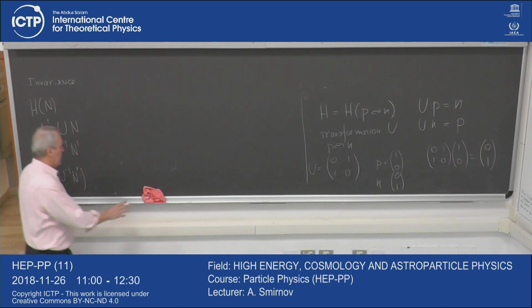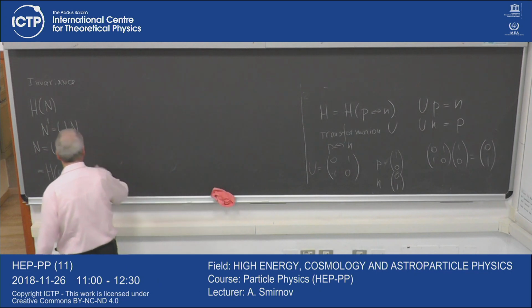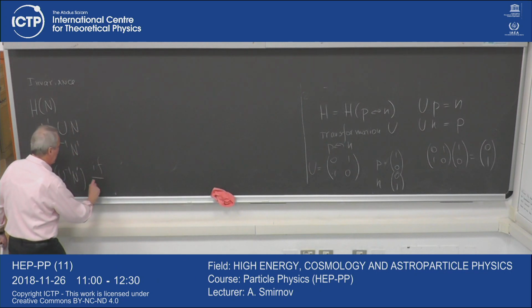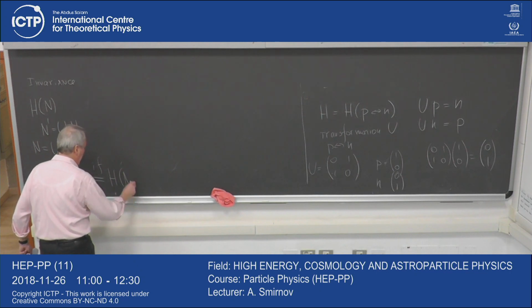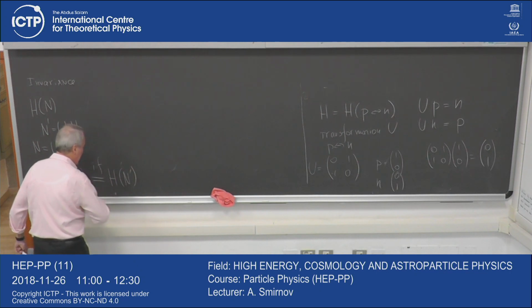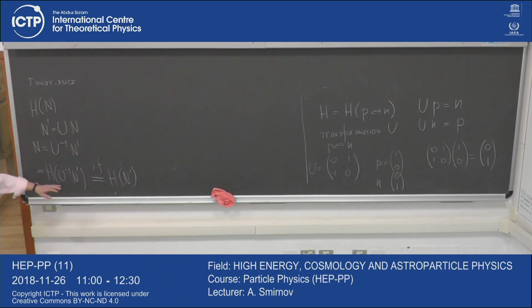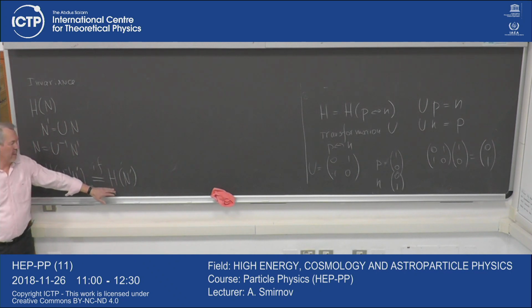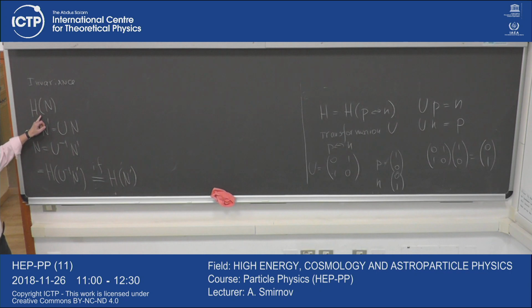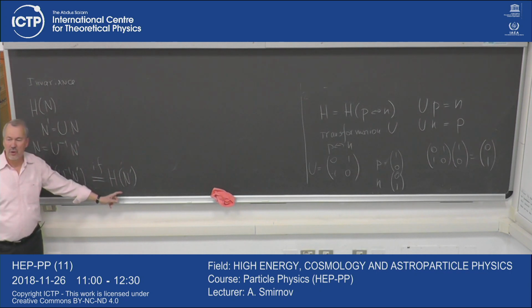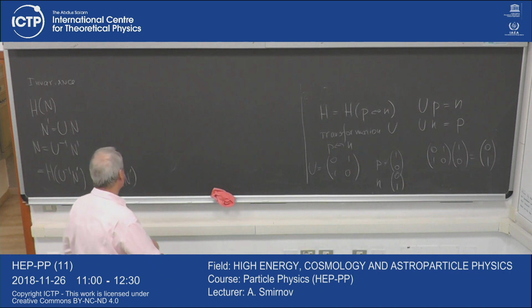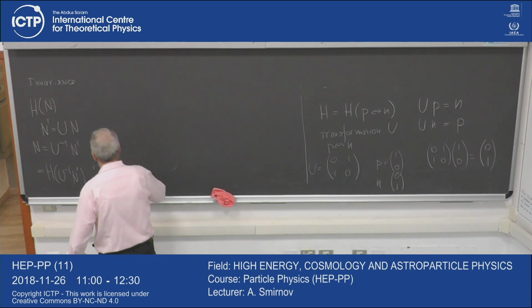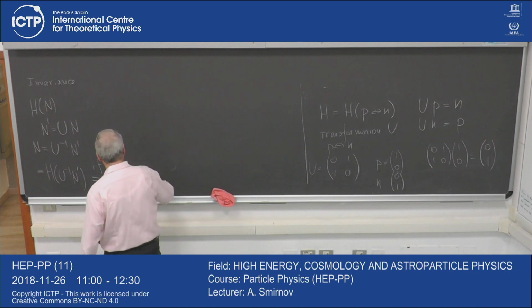Now, if this can be reduced to H of n prime, which means the same expression for the Hamiltonian as we started with, but now in terms of n prime, transformed fields, transformed particles, then we are saying that we have invariance.